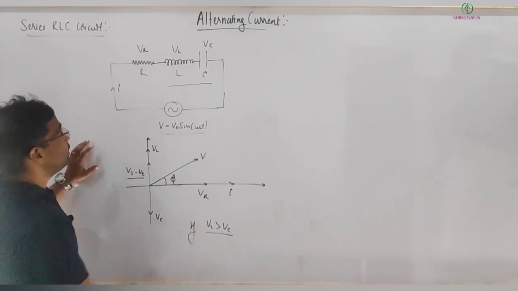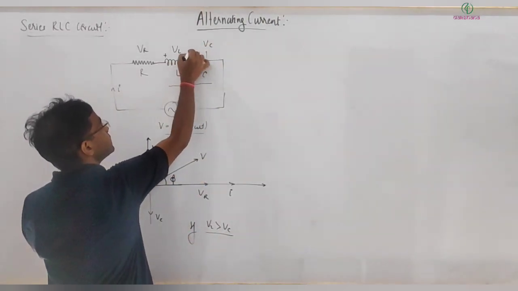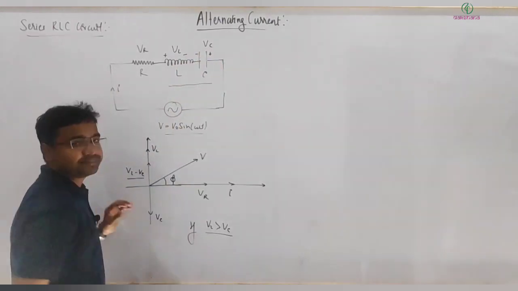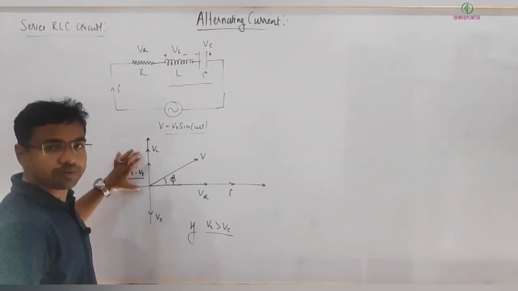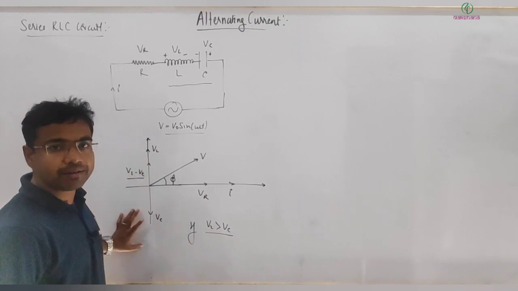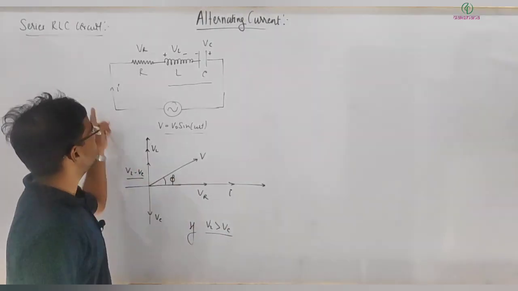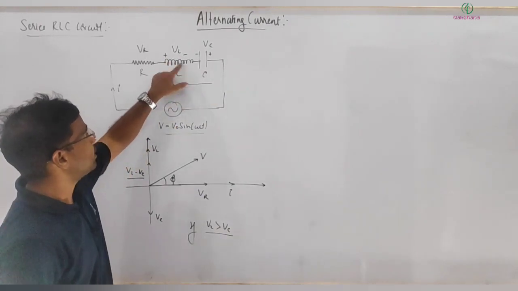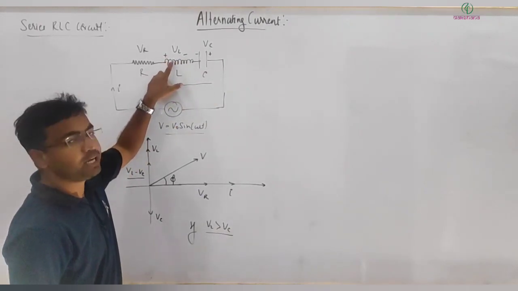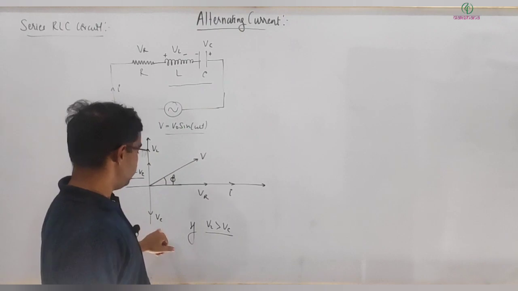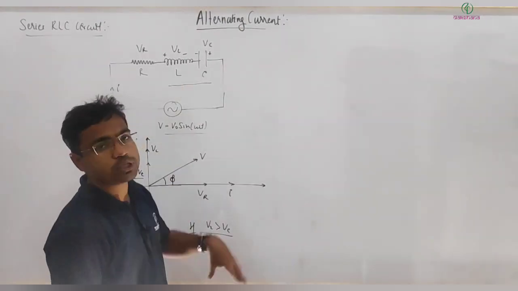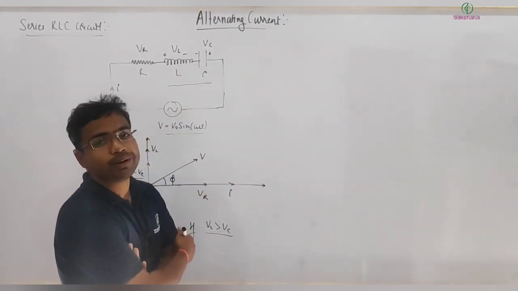That means if the polarity here is this, then the polarity there is that. This is the meaning of this positive negative phase. Are you getting it? I is the current flowing in this circuit. So if the potential drop across this is in this polarity VL, then the potential drop across VC will be of opposite polarity. So it's minus and plus.